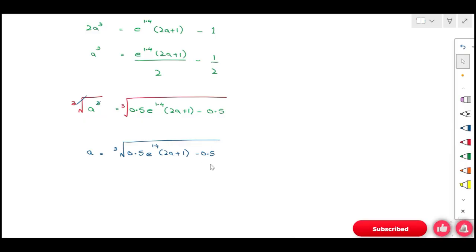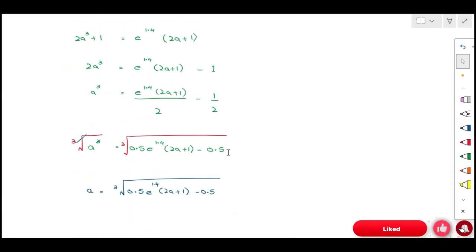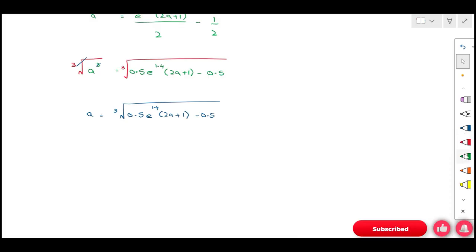So this is the value of a. We needed to show that a would be equal to this, cube root of 0.5 e power 1.4 into 2a plus 1 minus 0.5. Okay, so we got the value of a.